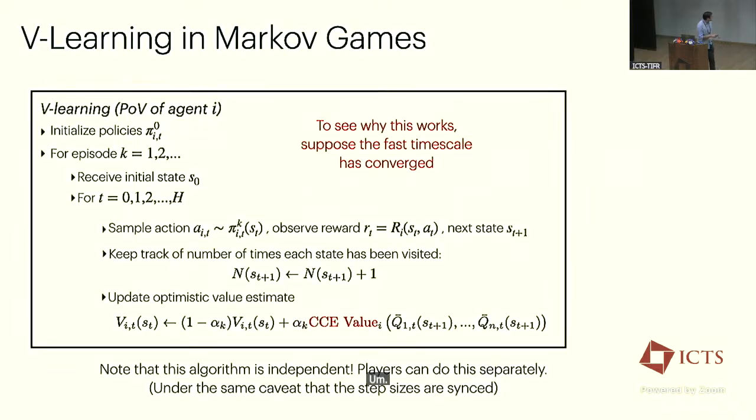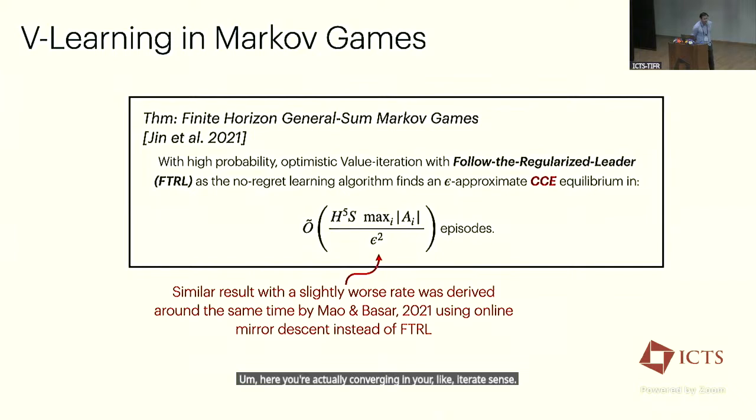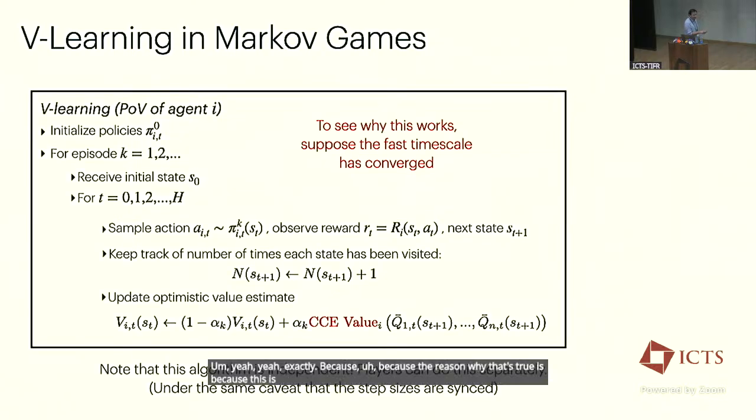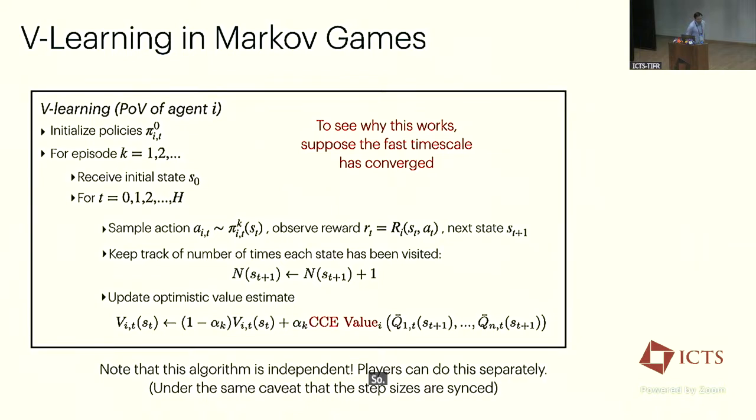Here you're actually converging in your iterate sense. Exactly, because the reason why that's true is because this is a convex game, or a concave game, right? This is linear, so averages kind of work out.